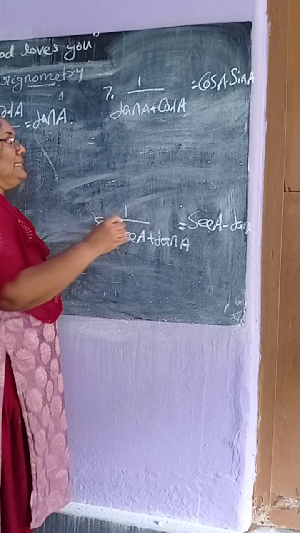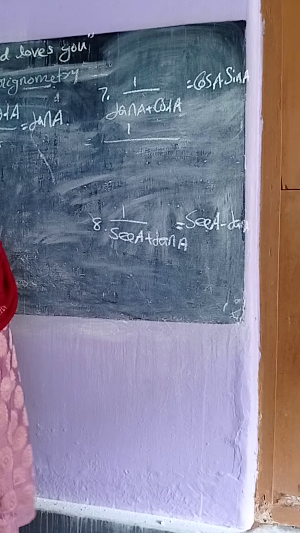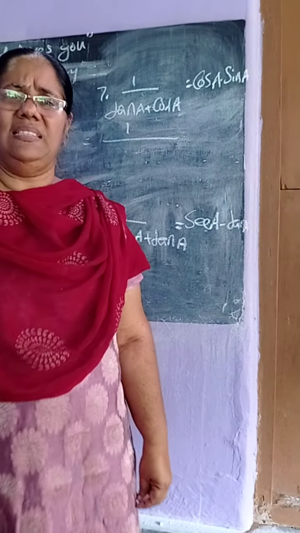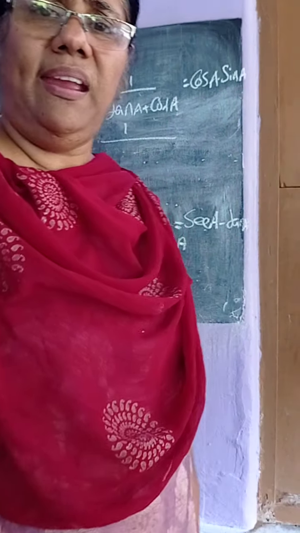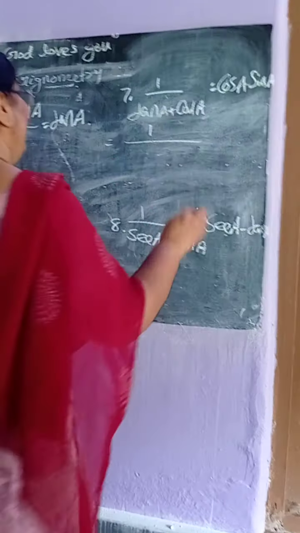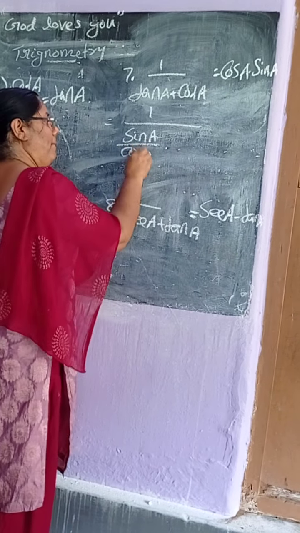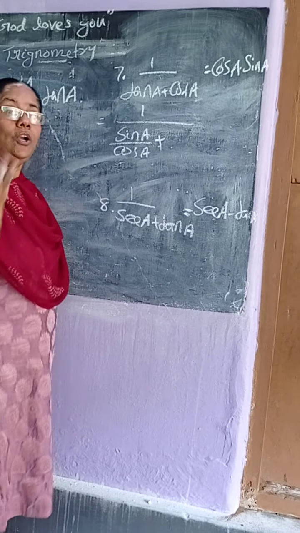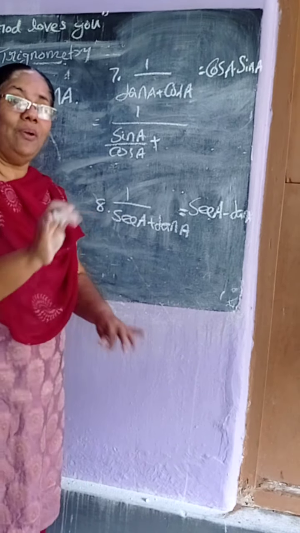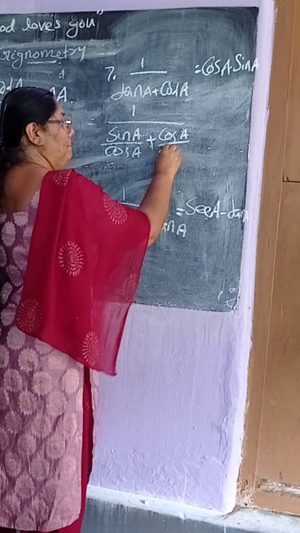Below that LHS, write 1 by. What is tan A? Say the answer loudly. What is tan A? Very good. Sin A by cos A, plus cot A. Cot A is the reciprocal of tan A. Therefore, this is cos A by sin A.